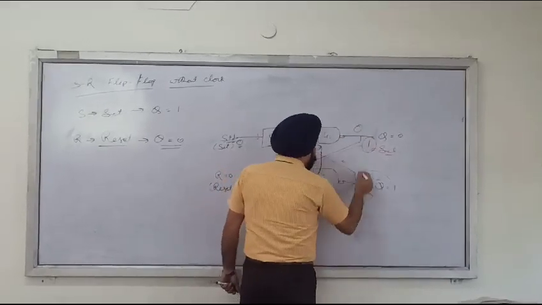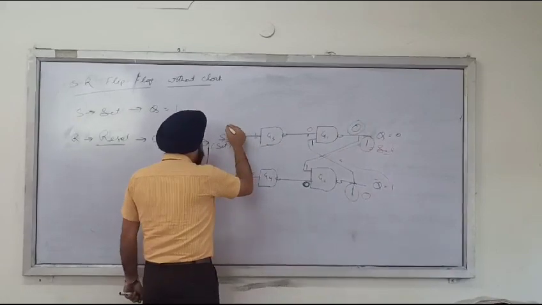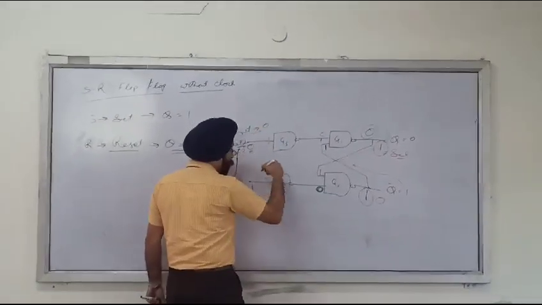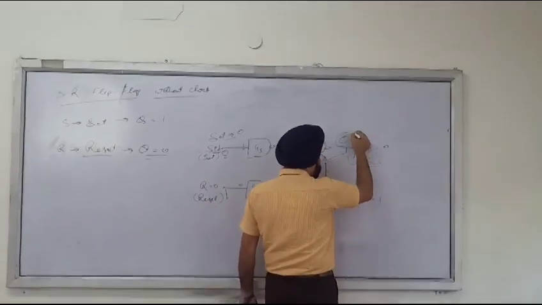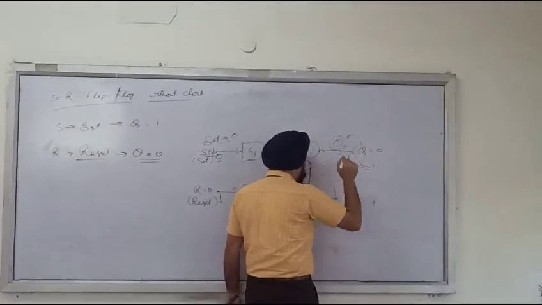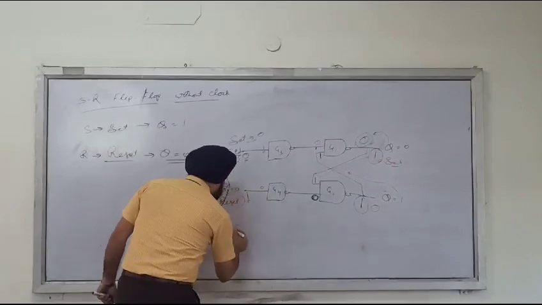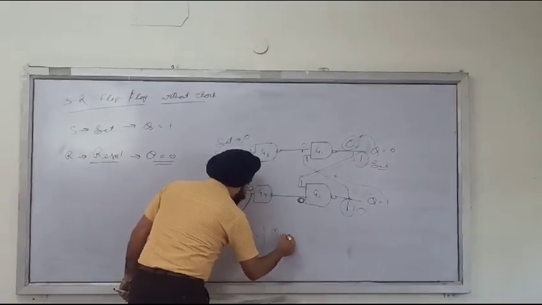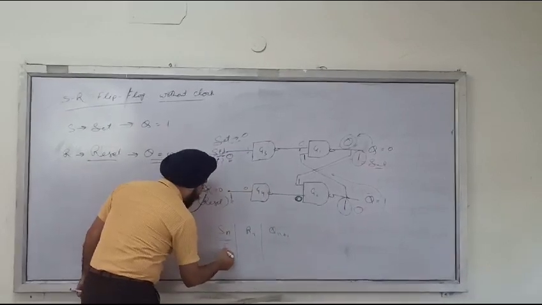Now if the value of S, that is set, is equal to 0, the value of Q at that instant of time is what? 0.